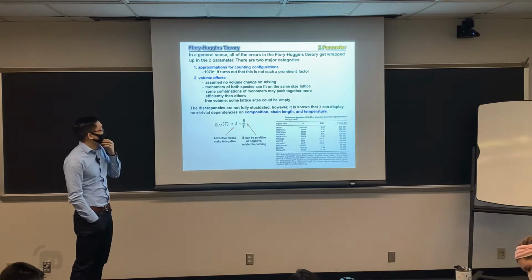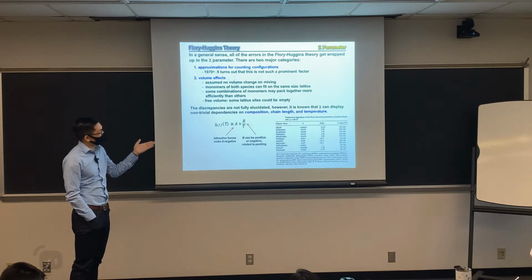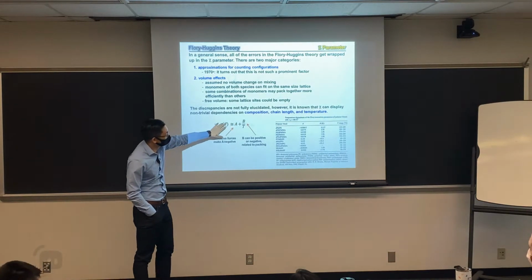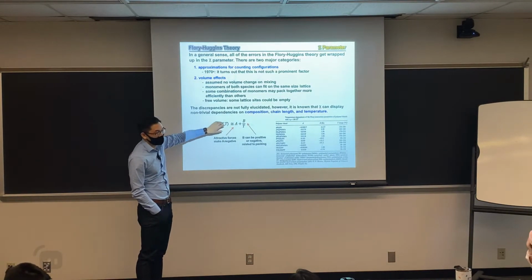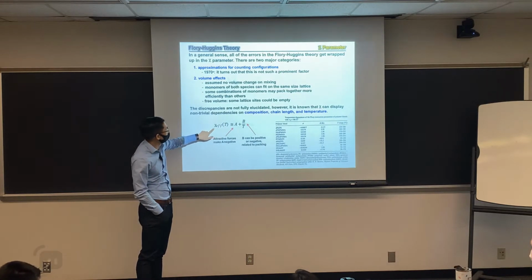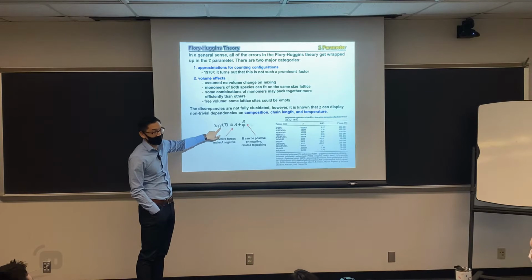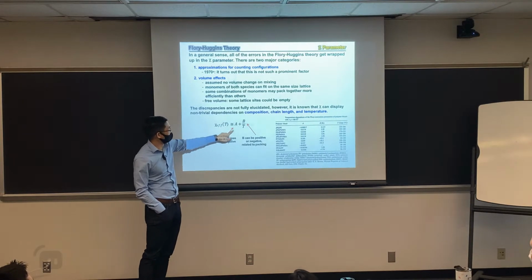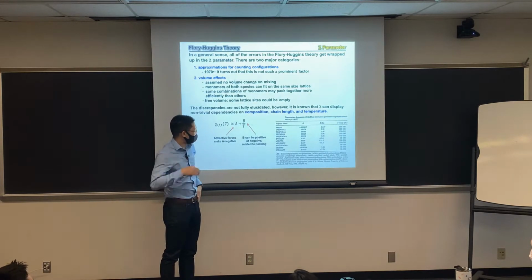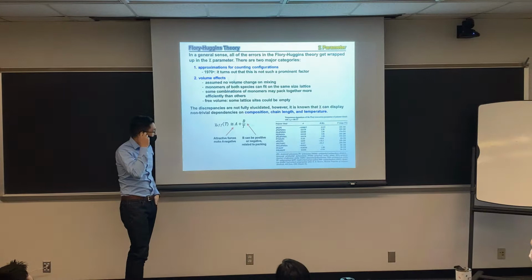So we didn't consider temperature effect, chain length effect, composition effect, etc. In reality, the chi parameter is typically temperature dependent. We typically call it the effective chi. So chi at different temperatures can generally be described as A plus B divided by temperature. Okay?